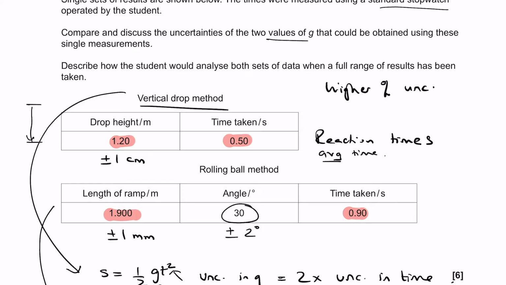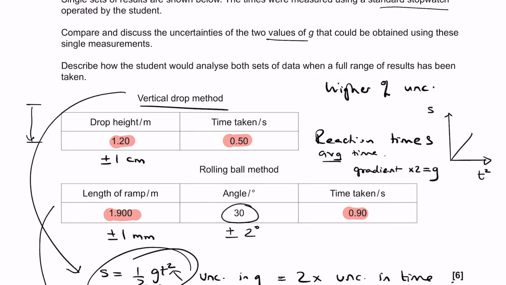So average time, and then thereby changing the heights, I would get the times. I would end up drawing a graph of height versus t squared, and I would get a straight line. From there I know that the gradient of this line, as per my equation right here, times 2 will be the value of g, in the first case.